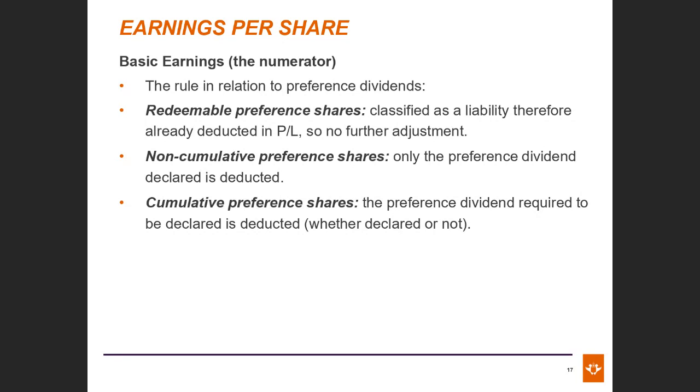So when we are calculating our basic earnings and we have redeemable preference shares that are classified as a liability, because the preference dividend would already have been deducted from our profit and loss, no further adjustment is needed.